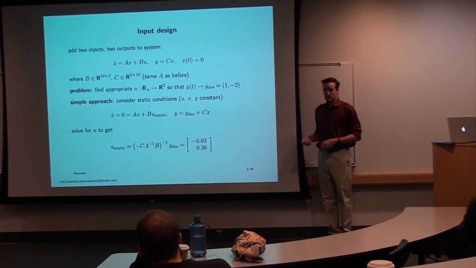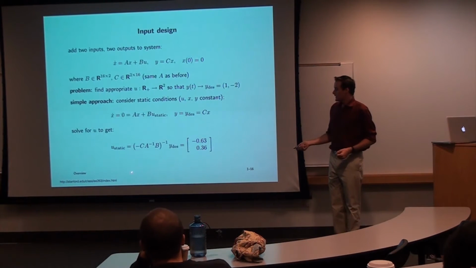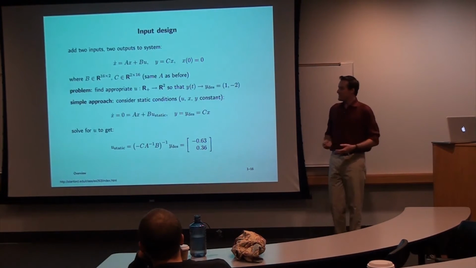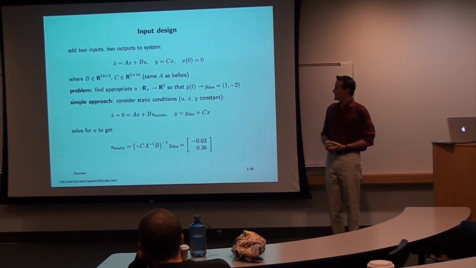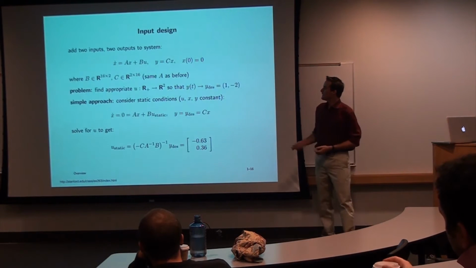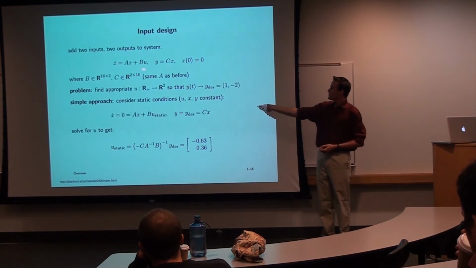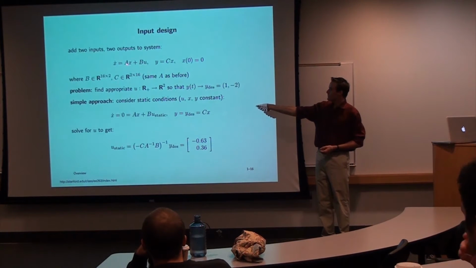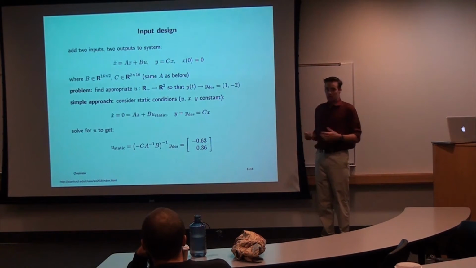This is an example of a linear system from a class that I had the good fortune to take, that shows some of the power of linear systems, and got me really excited about them. Here is a continuous time, linear time invariant system with some A, B, and C matrices that we know.